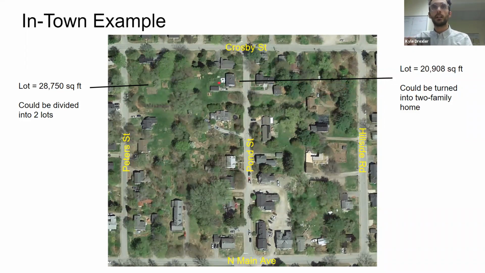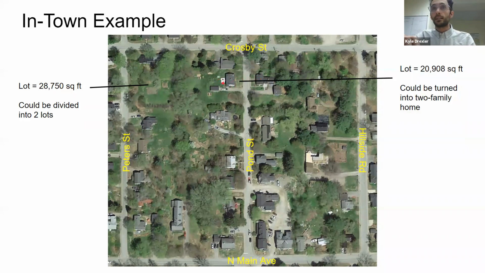Over here, across the way on Pond Street, you have an example of about a 21,000 square foot lot. So while this lot has the lot size available to create 2 lots, you would really need 15,000 square feet, right? 7,500 square feet per lot.